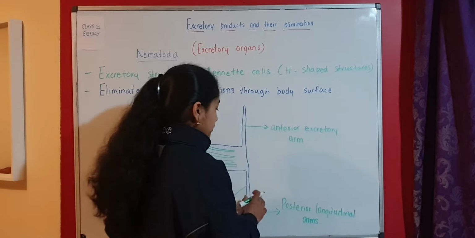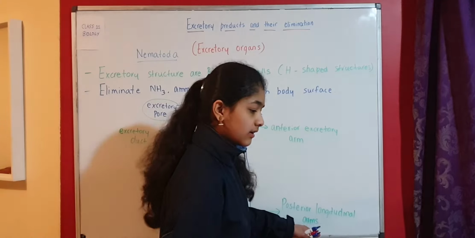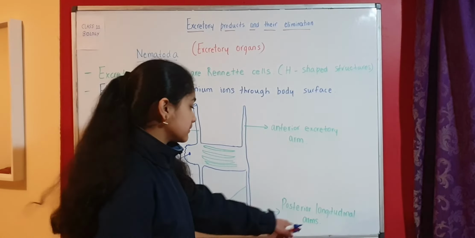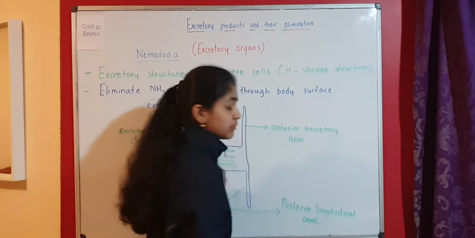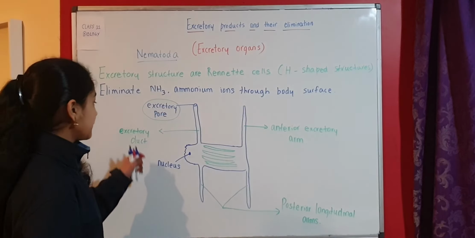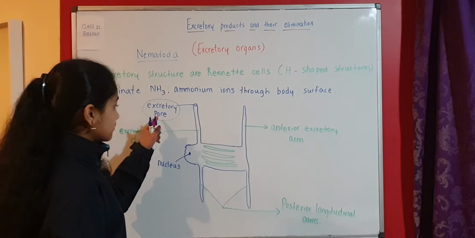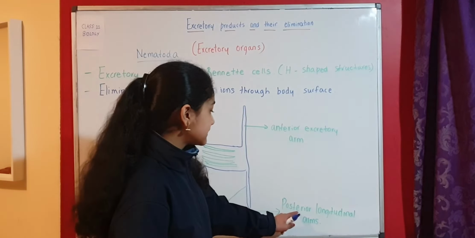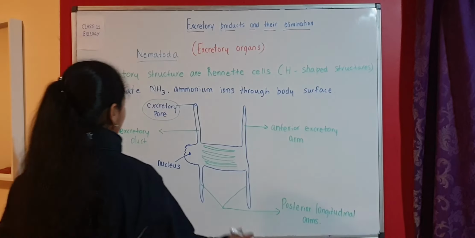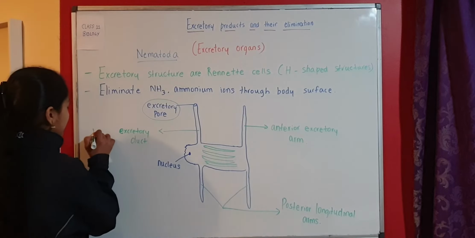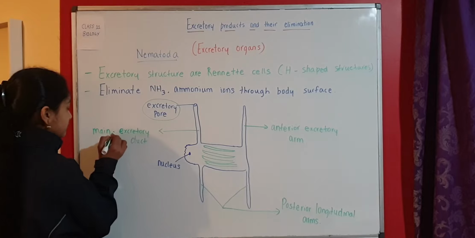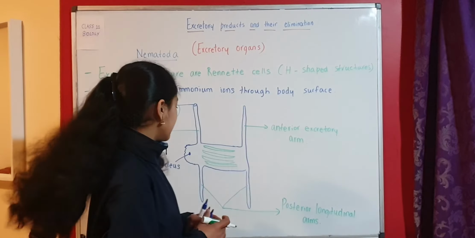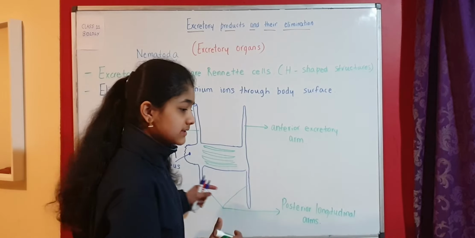These both, posterior longitudinal arms or posterior excretory arms, are also called excretory arms. Instead of longitudinal, we can also put the term excretory. So excretory duct, excretory pore, this is the anterior excretory arm, and this is the posterior longitudinal arms, and this duct is the main excretory duct, and this is the nucleus. Here is where all the cell organelles and the main cell body are present.